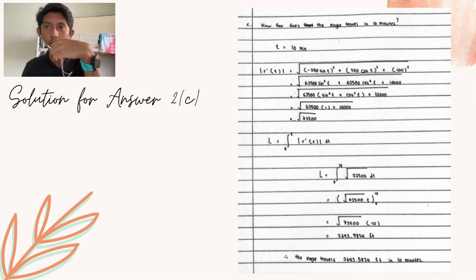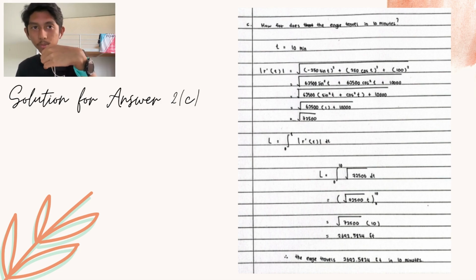Daripada expression helical path tu, kita akan differentiate dia untuk mendapatkan velocity function dia, iaitu r prime (t). Dia akan keluarkan jawapan punca kuasa 2 72500.